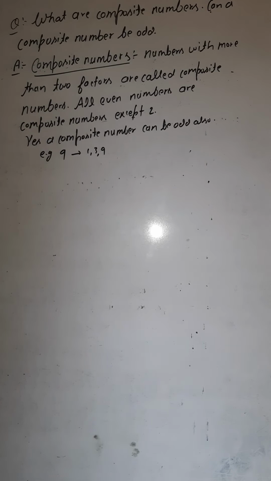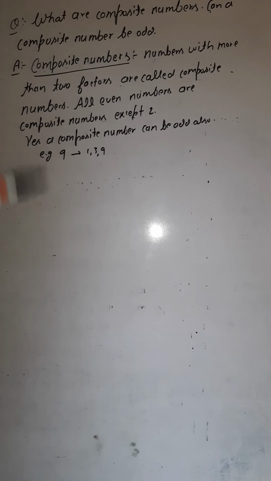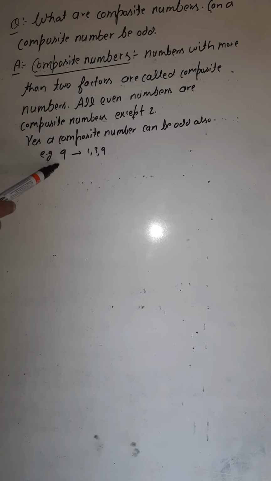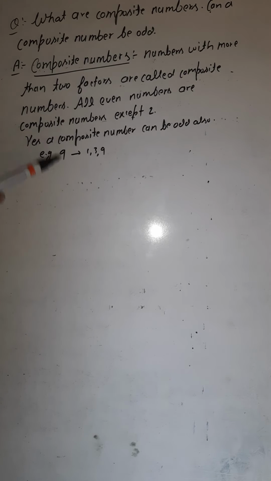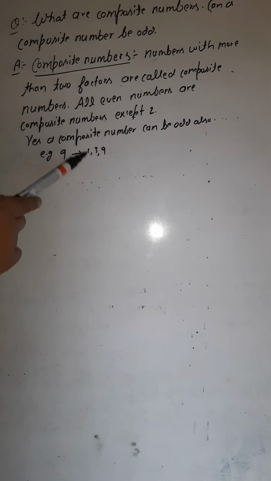Next question was, can a composite number be odd also? Yes. Example here is 9. 9 is an odd number as well as a composite number, because it has more than two factors. Just note it down.